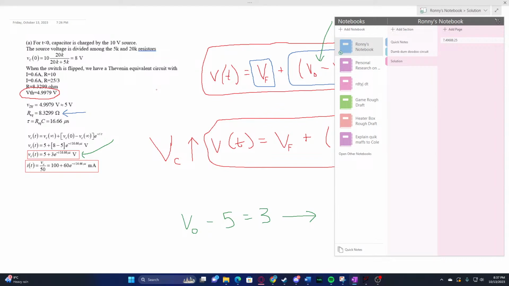Okay, so where did they get 25? Wow, I don't know where they would have gotten 25 thirds. Unless they thought the 10 ohms and the 50 ohms were in parallel for whatever reason.